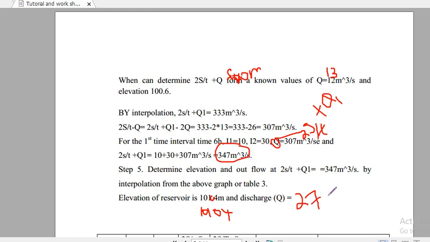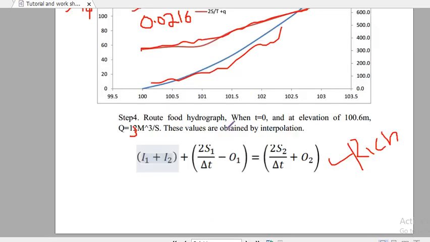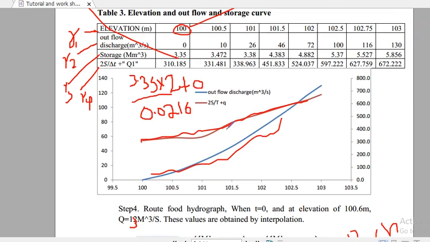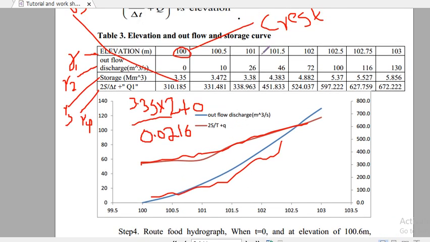27.6. This point, 0.6. These values can be computed by using interpolation. When you come to this table, 106 meter lies between 101 and 101.5, and the discharge lies between 26 and 46 cubic meters per second.